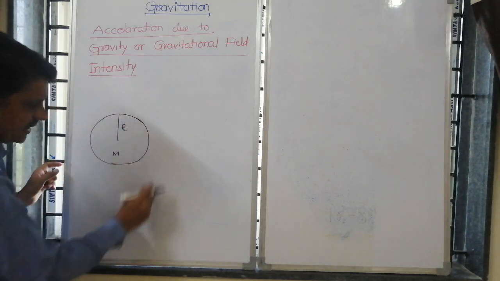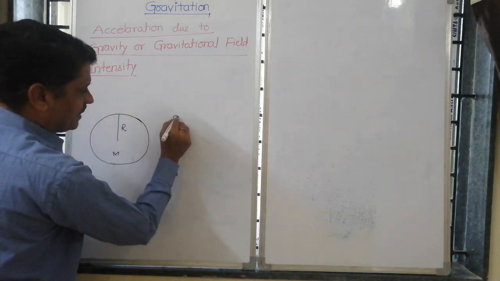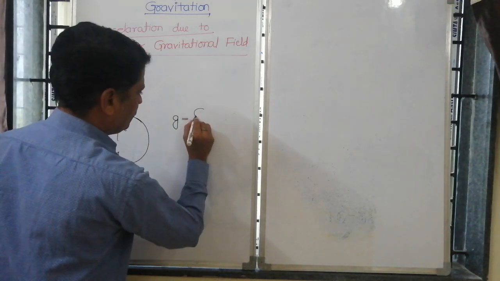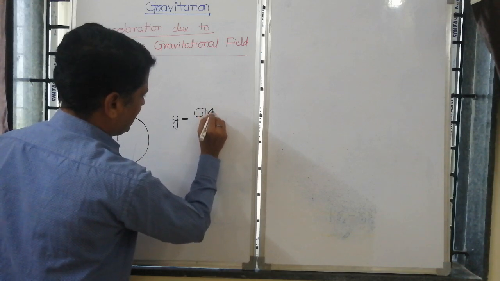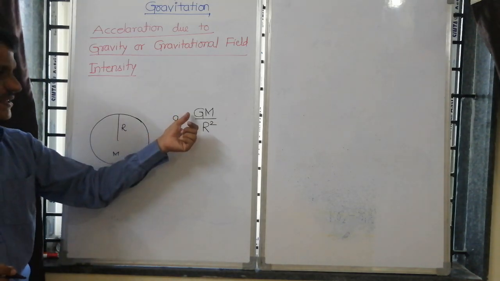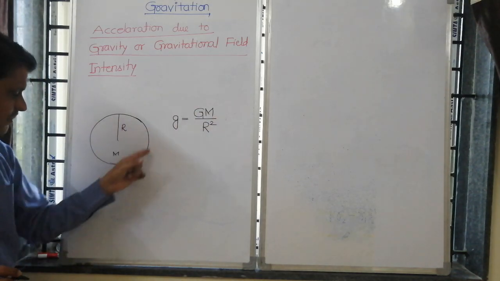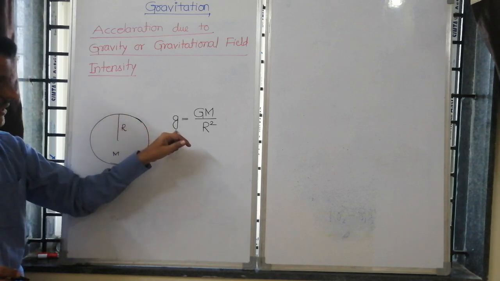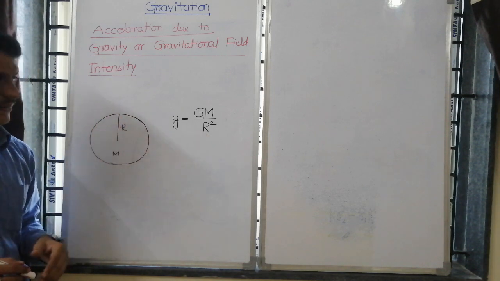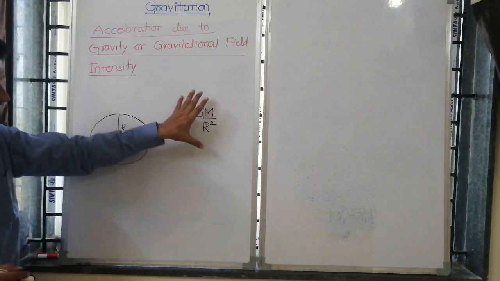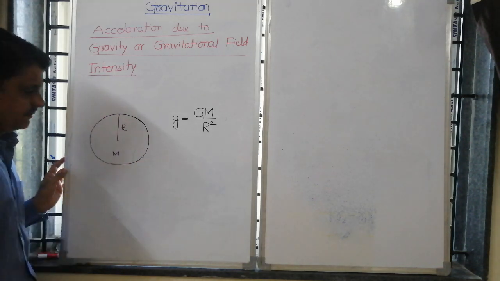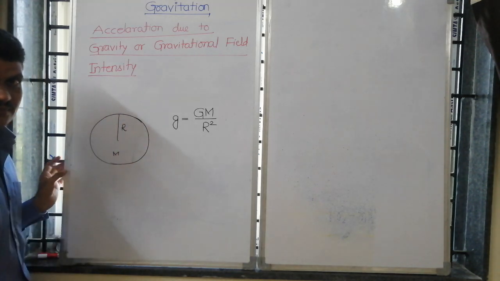Then in our theory we derived the relation between capital G and small g, that is small g is equal to capital G capital M by r square, where capital G means universal gravitational constant, M means mass of the planet whose acceleration due to gravity is calculated, r is the radius of the planet.